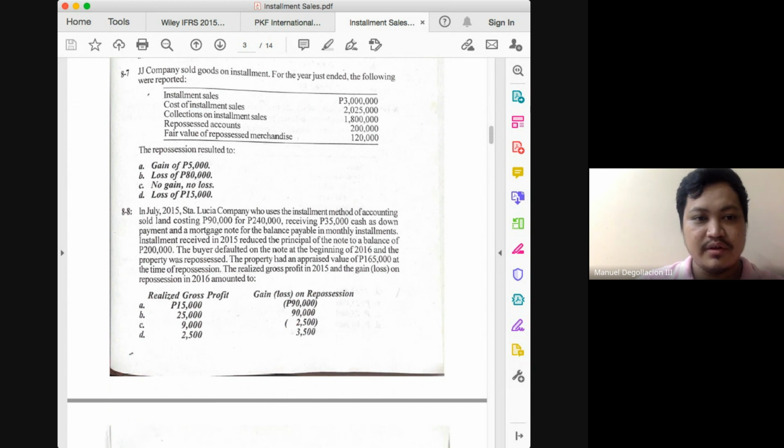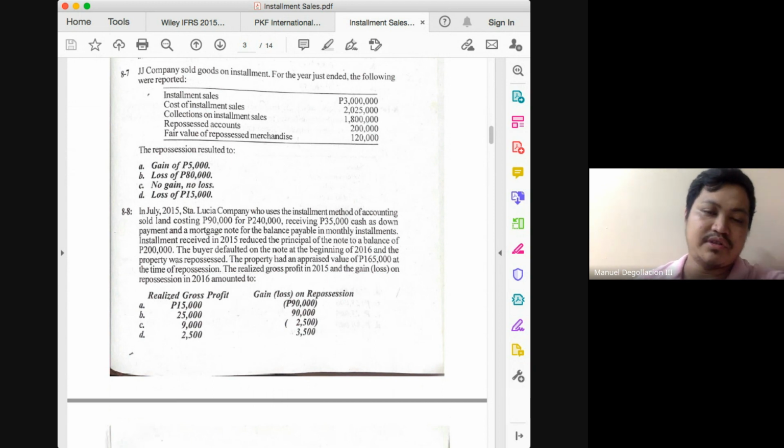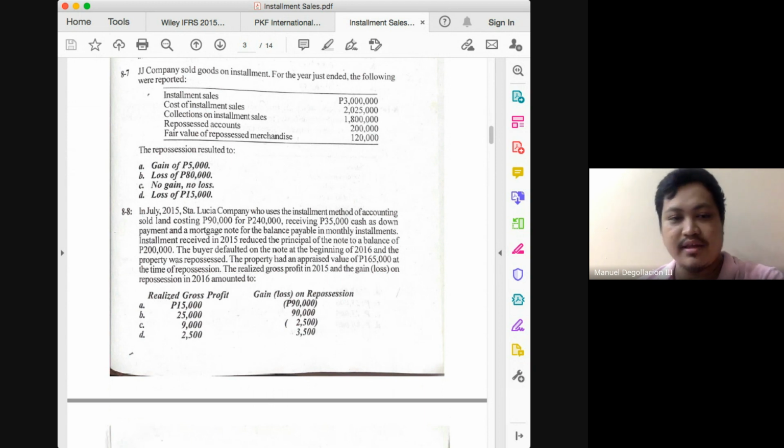And since there is no other information given, the appraised value will already serve as our fair value at the time of repossession. Since the fair value at the time of repossession is 165,000, and the unrecovered cost is only 75, that means we will have a gain on repossession of 90,000.